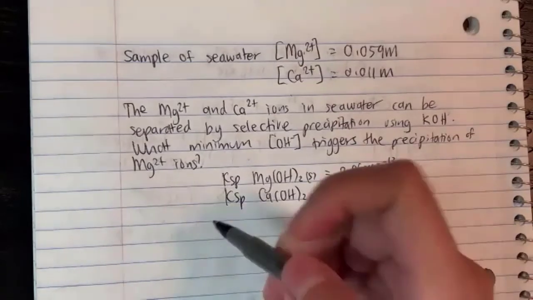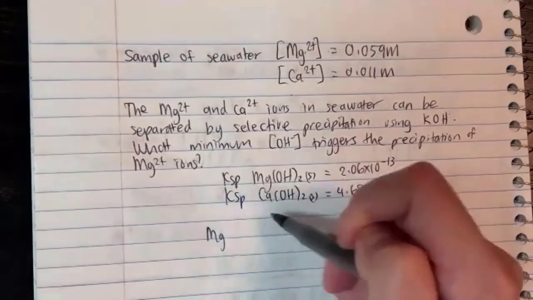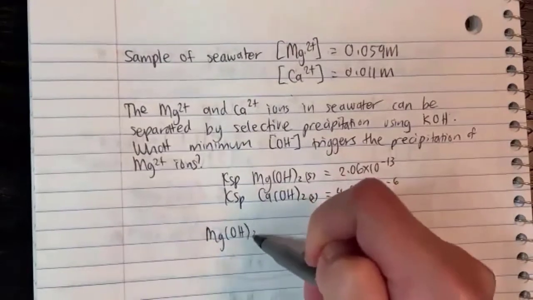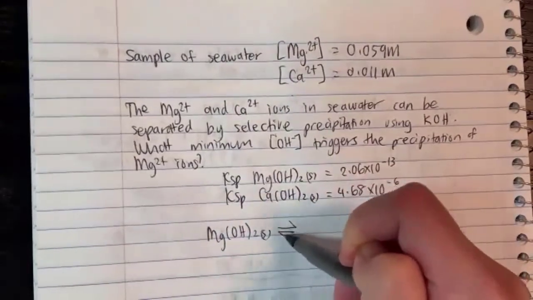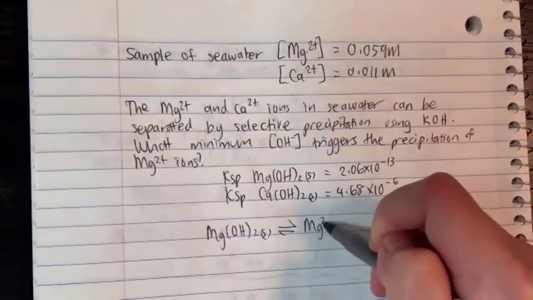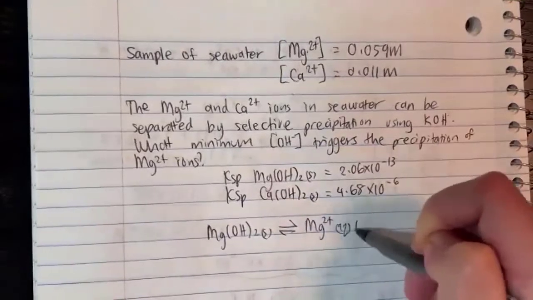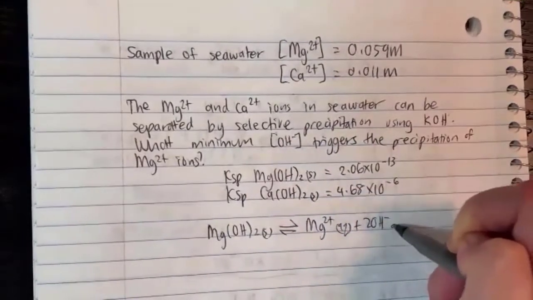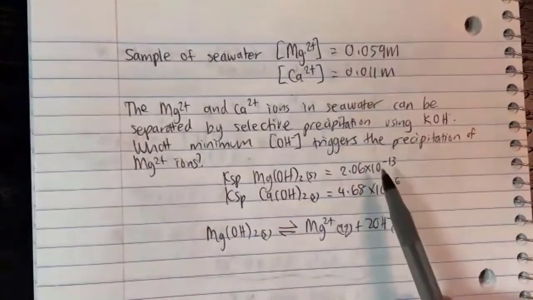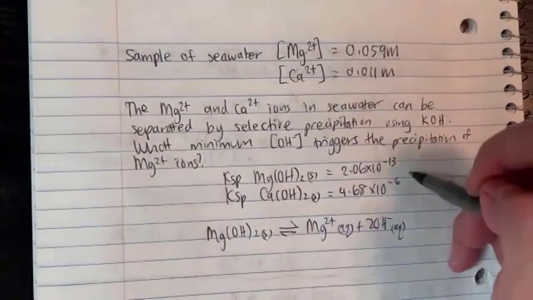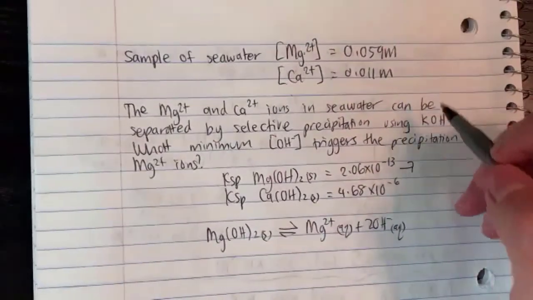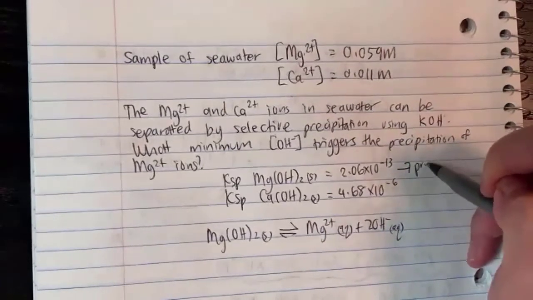Because our equations here are basically the solid, remember, and then you turn it into ions. The ions it breaks into are magnesium in this case, and then hydroxide. So because this one is a lot smaller, this one precipitates first.